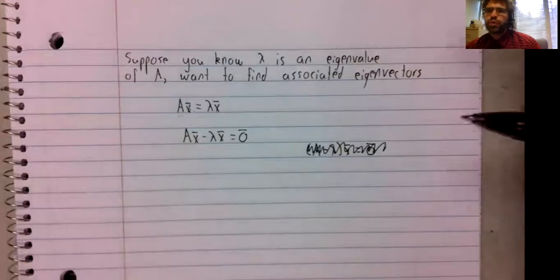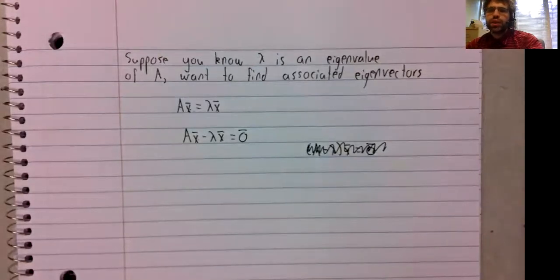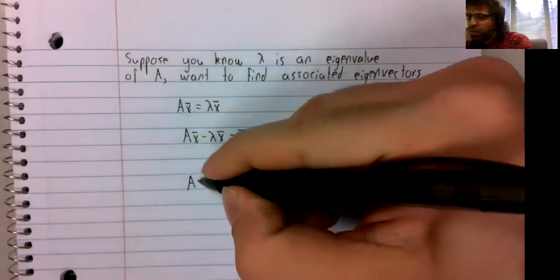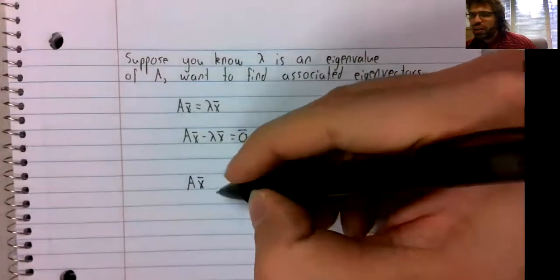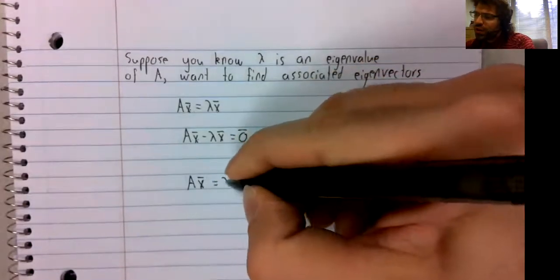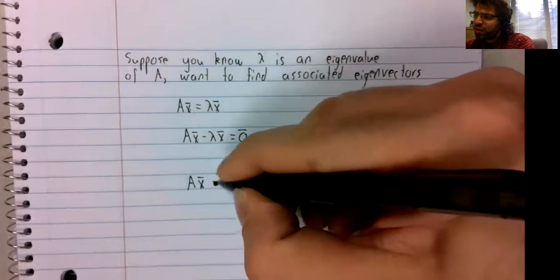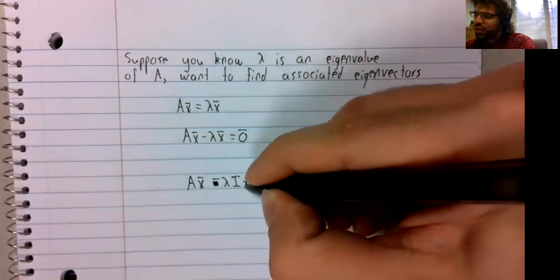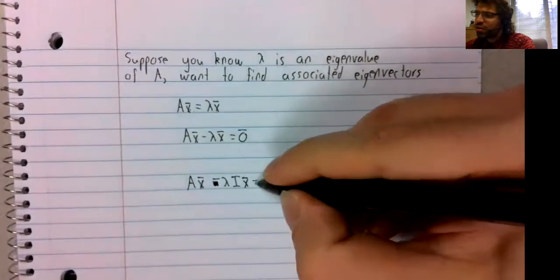So here's where it will be helpful to have a matrix that acts like 1, the identity matrix. Multiplying a vector by the identity matrix does not change that vector.